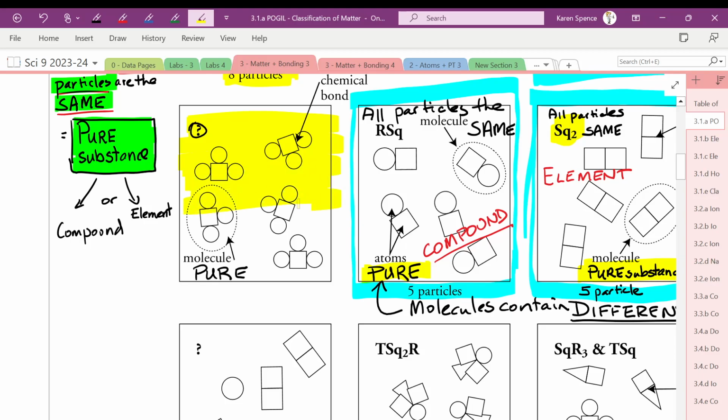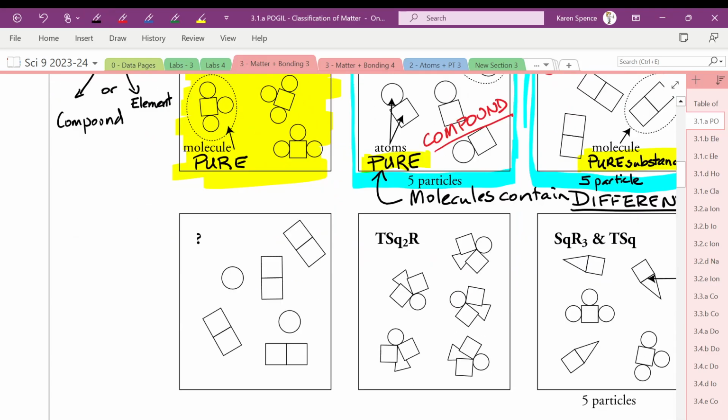Is this a compound or an element? That is a compound. How would you write the formula for this compound, which has one square and 3 round things? Yes. R3S. Yes, you could write it as R3SQ because you have 3 rounds and 1 square. Okay. So that's a pure substance compound.